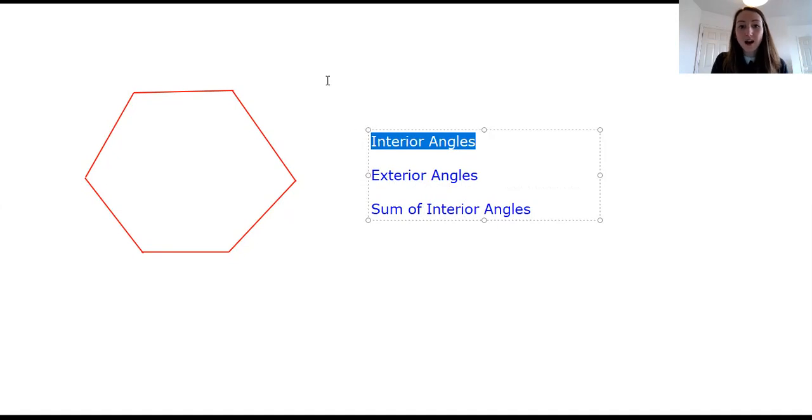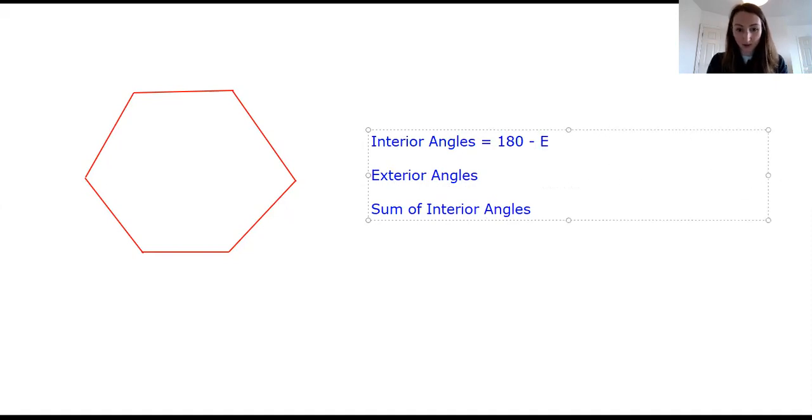So let's take our interior angles first. Now, we can work out our interior angles by doing 180 minus our exterior angle. Now, bear with me if this doesn't make a lot of sense at this point. I promise it will.